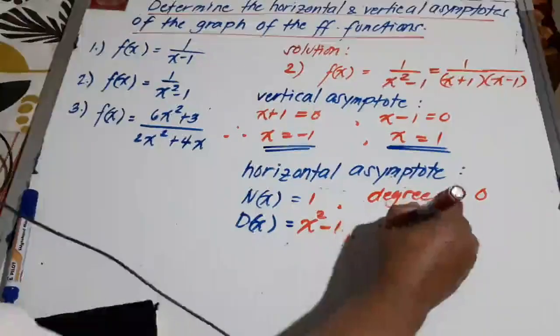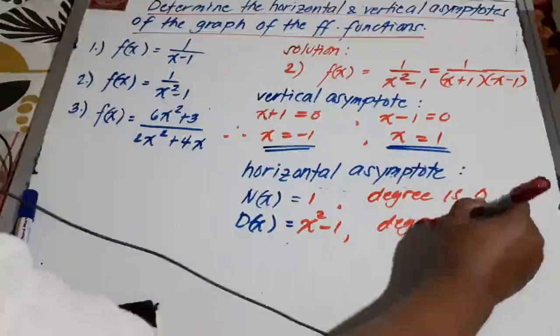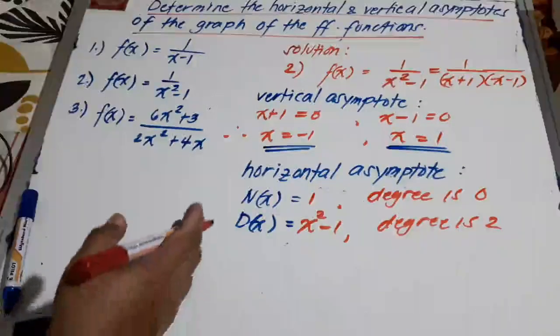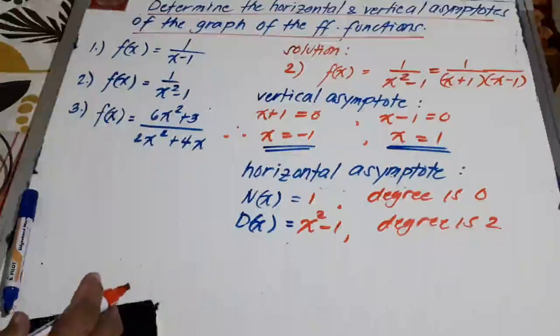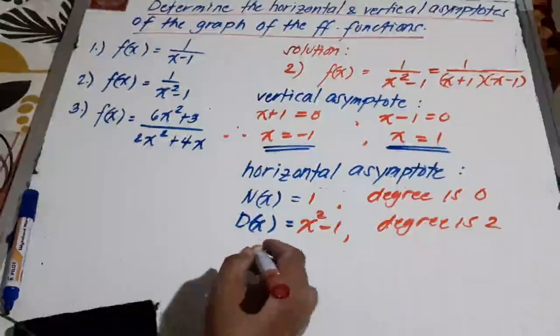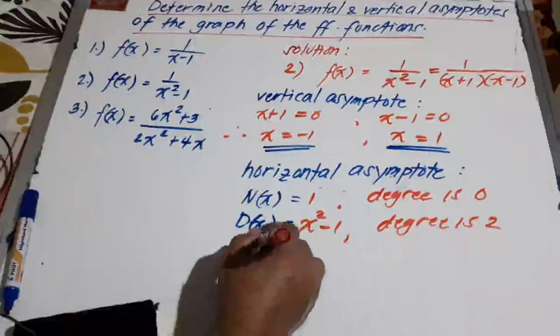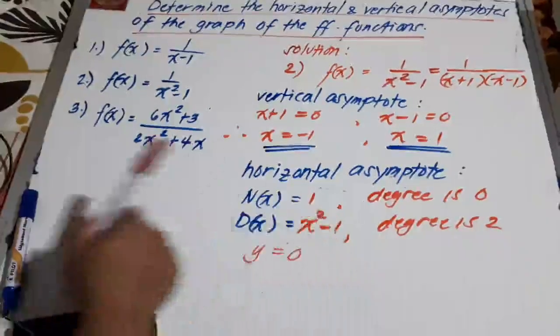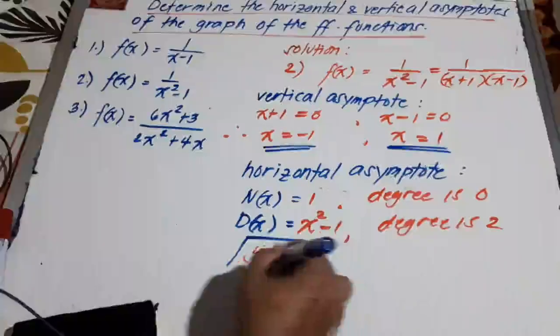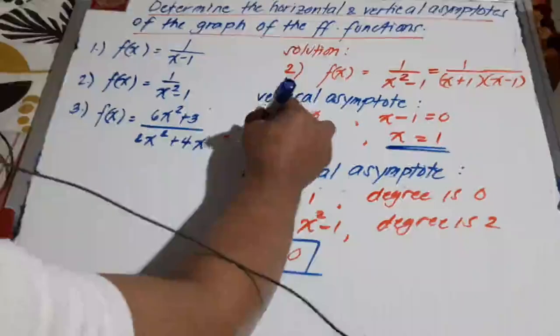So, ang degree dito ni x ay 2. So, mas mababa yung degree ng numerator sa degree of x sa denominator. Therefore, ang horizontal asymptote is the x-axis. Y equals 0 is our horizontal asymptote. Okay? So, yan.